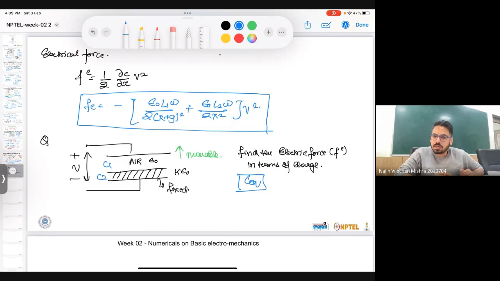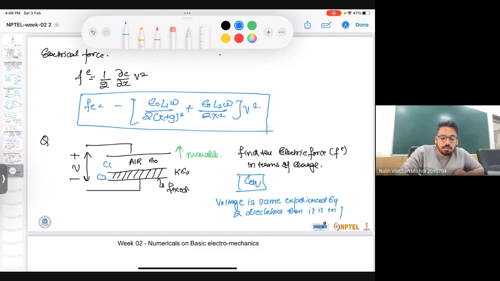So is it correct? These two capacitances are connected in parallel or series? So keep this in mind that if voltage is same, which is experienced by two dielectrics, then it is in parallel.